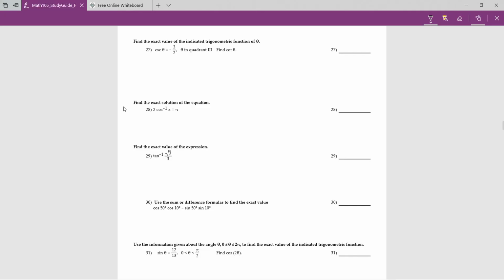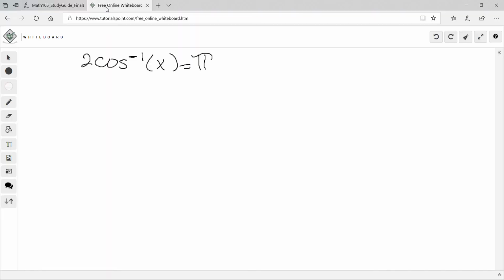So it says find the exact solution of the equation. So my goal is to solve for x. So I'm going to divide everything by 2. So you get cosine inverse of x equals pi halves.